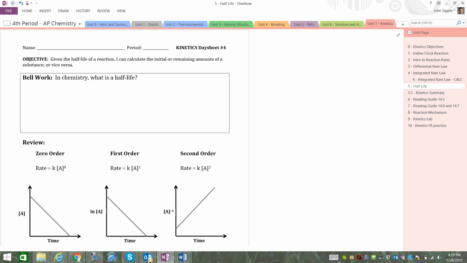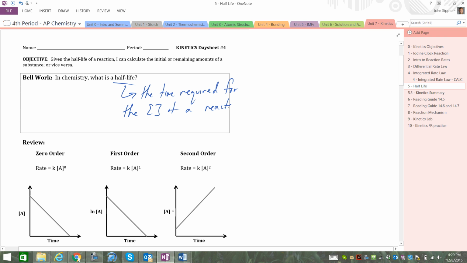Okay, but anyway, in chemistry, what is a half-life? Half-life is just referring to the time required for the concentration of a reactant to reach half its initial concentration.